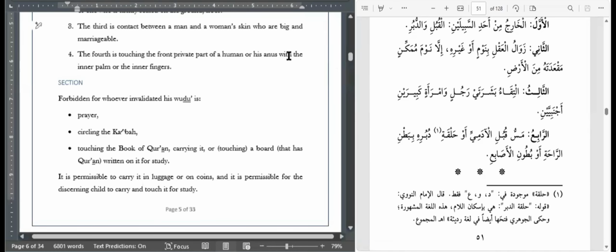So first of all, when you say rajul and imra'ah, man and woman, this wording means they're pubescent in the first place.